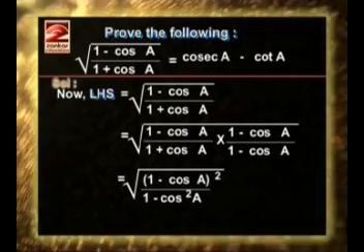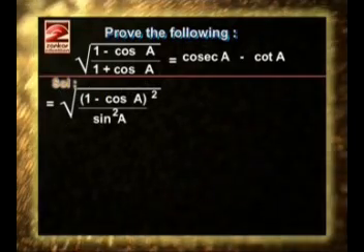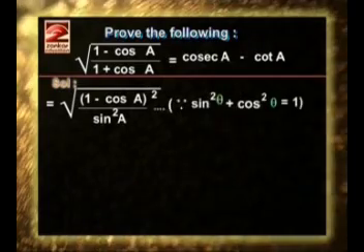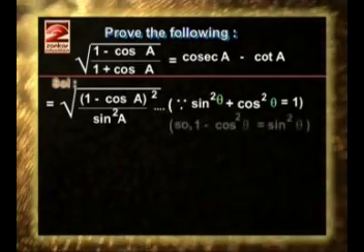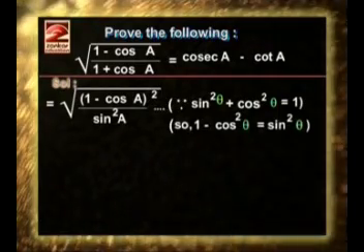that is equal to under root 1 minus cos A the whole square upon sin square A, because cos square theta plus sin square theta is equal to 1. So 1 minus cos square theta is equal to sin square theta.